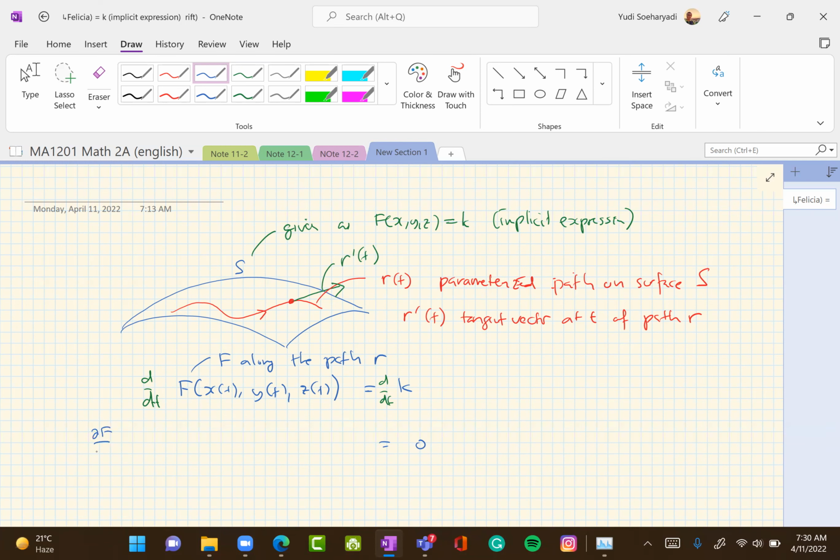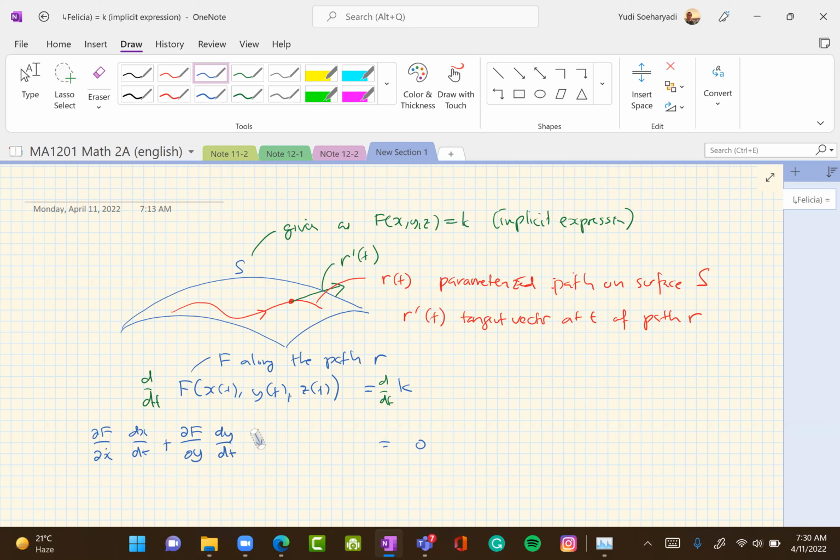So df over dt. f is a function of x, y, z. So for x first, df dx times dx dt. Because of the chain rule, then you have the second part, df dy times dy dt.